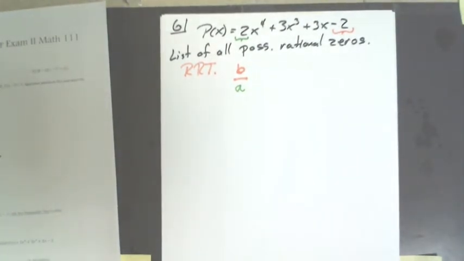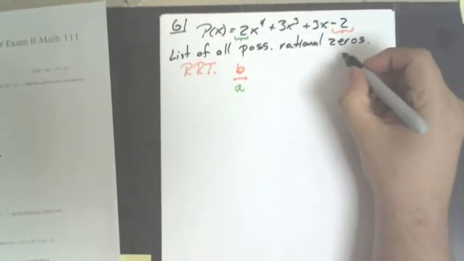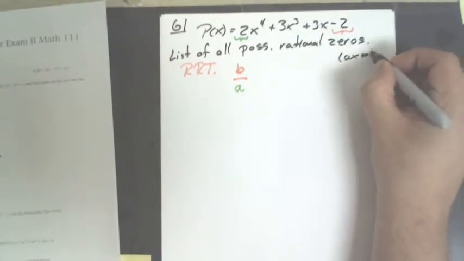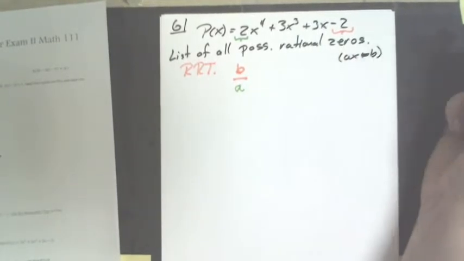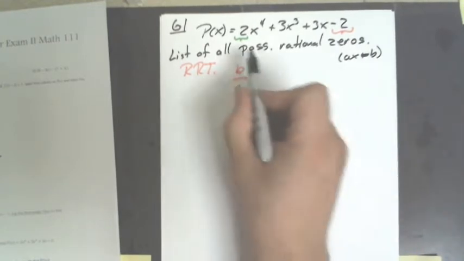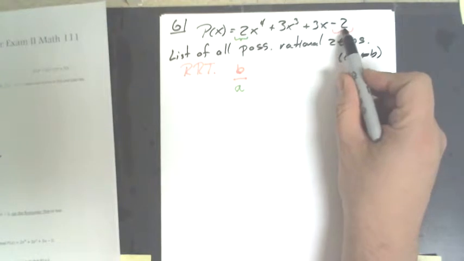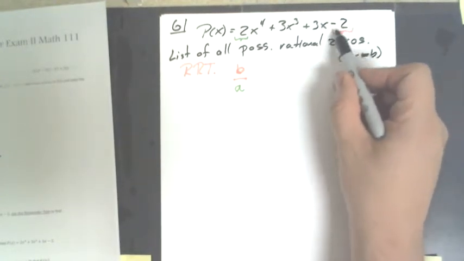The reason for this, really quick, as you might remember, all factors are going to be of the form ax plus, or I actually prefer minus b, where all the different ax's multiply together to make the 2x to the 4th, and all the constants multiply together to make the constant at the end.